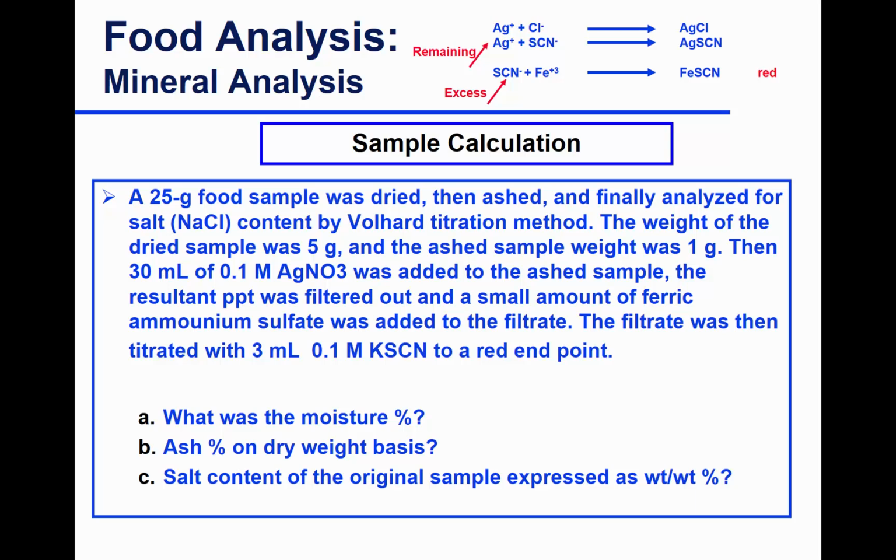The molecular weight is 23 plus chlorine, and then you get the mass. You divide the mass by the original mass.